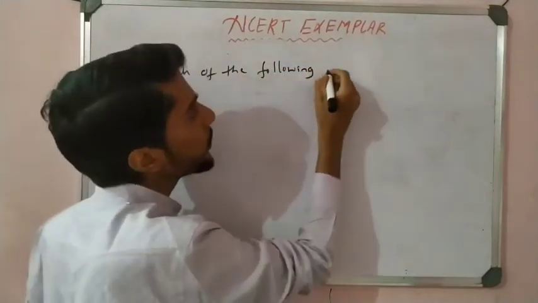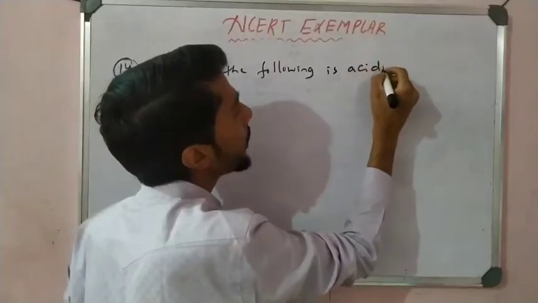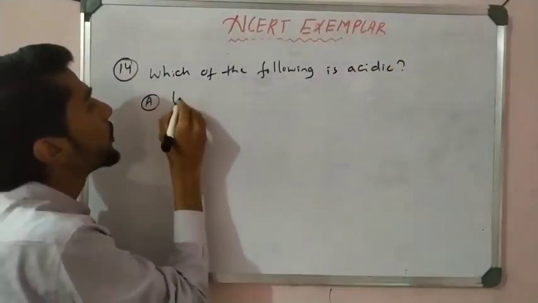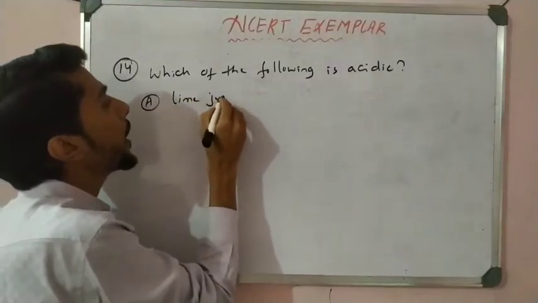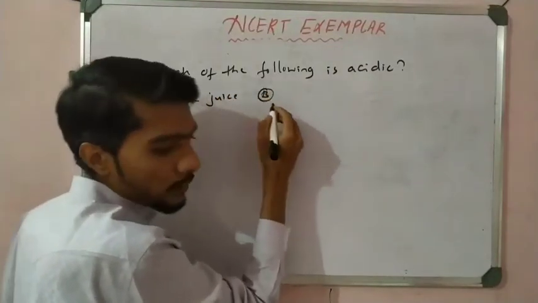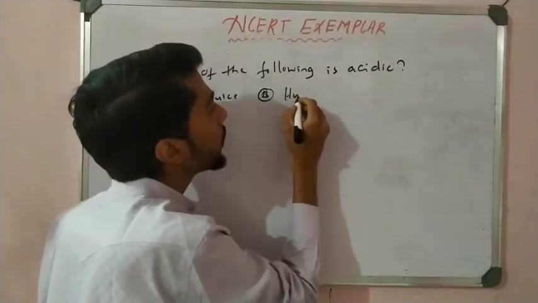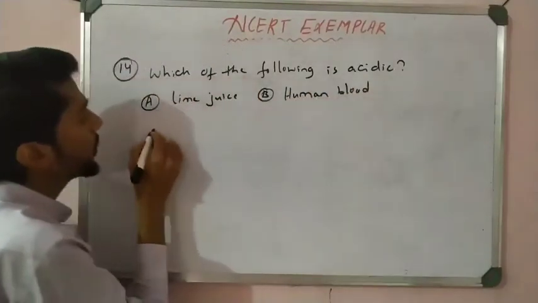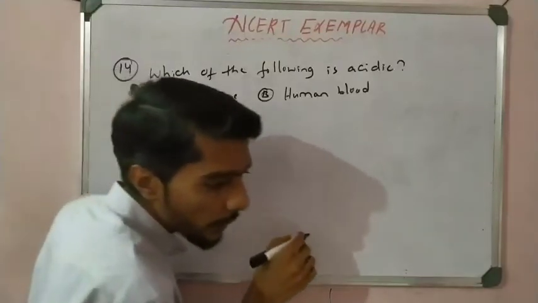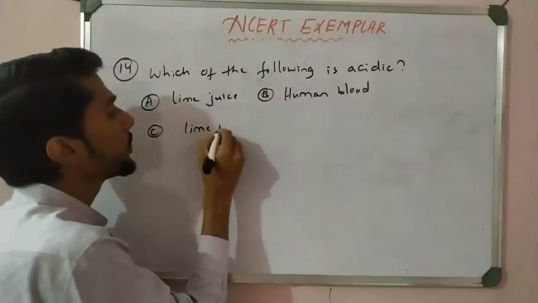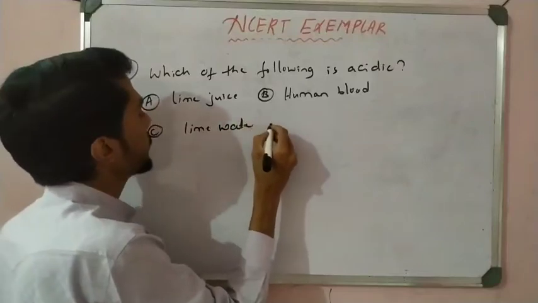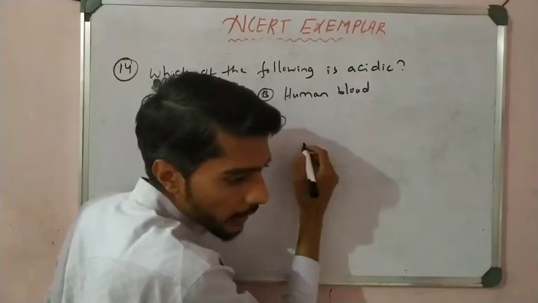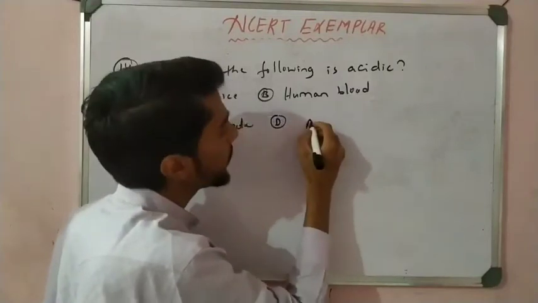Option A lime juice, option B human blood, option C lime water, and option D antacid.